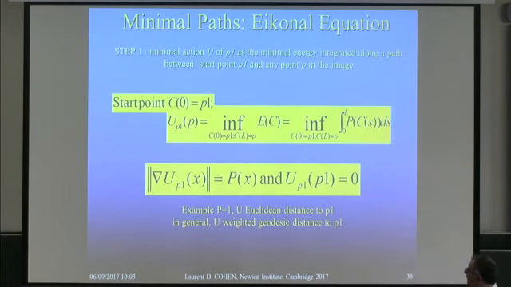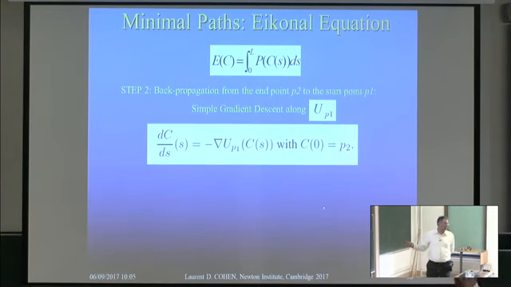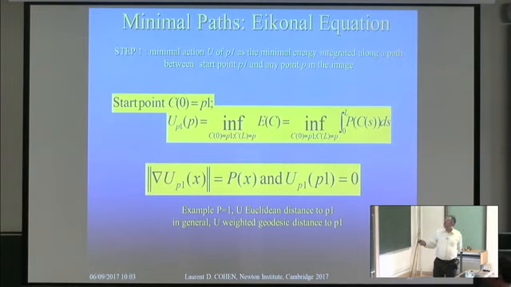Since P is positive, U_P1 has no local minimum except the starting point P1, for which it is 0. So gradient descent will always connect P2 to the starting point P1, and the trajectory followed by this ordinary differential equation is a minimal path, the geodesic according to this distance.